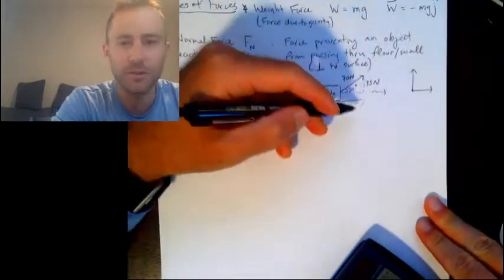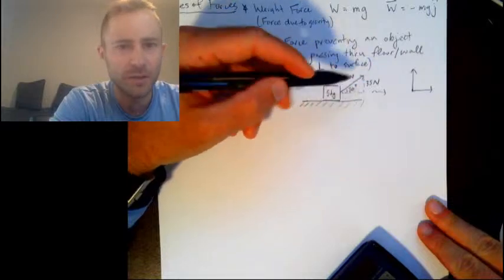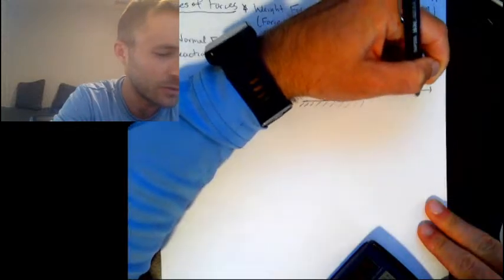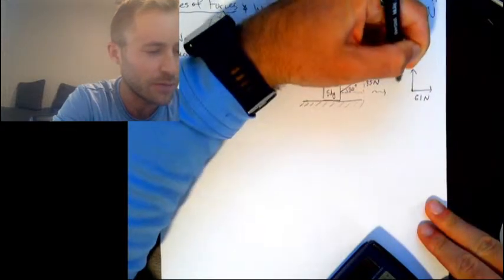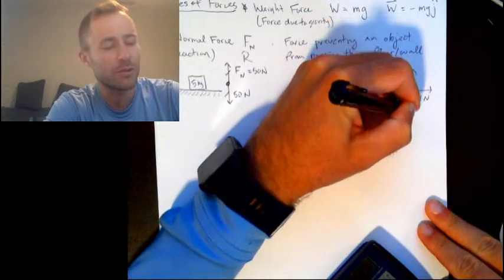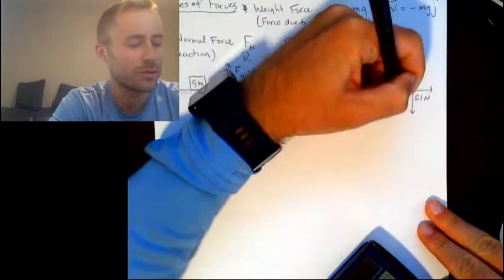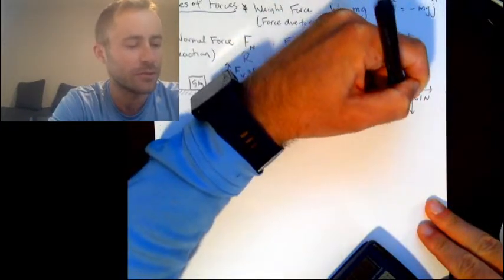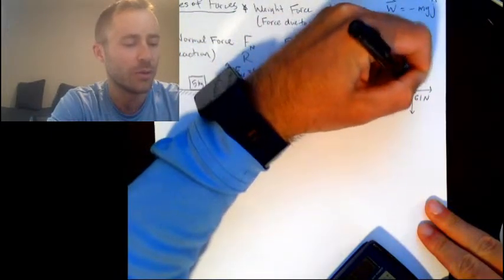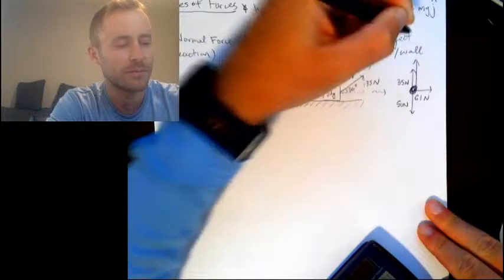So we can think about this 70 Newton force at an angle as a 61 Newton horizontal force and a 35 Newton vertical force. And then we still have the weight force going downward, which is 50 newtons. And we still have the normal force going upward.